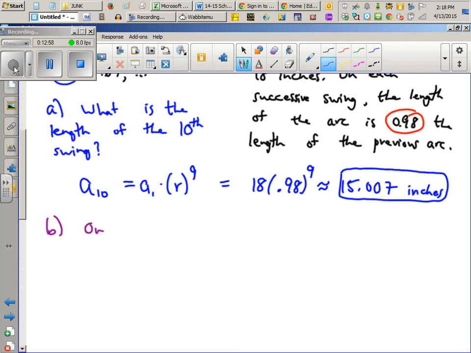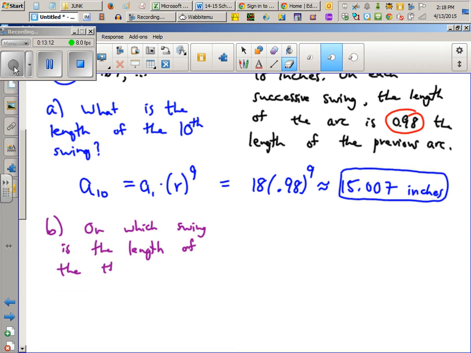Okay, the next question is, on which swing is the length of the arc less than 12 inches? Less than 12 inches. Okay, so what you have to understand here is that there is a certain term in the sequence that's less than 12.